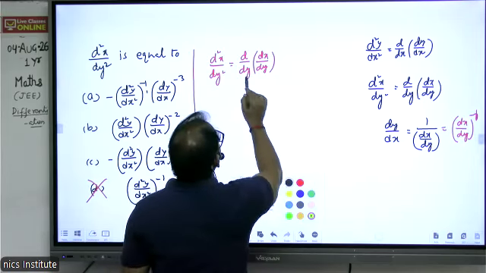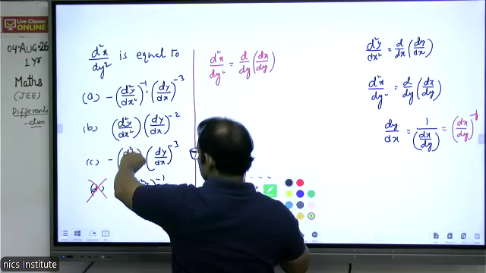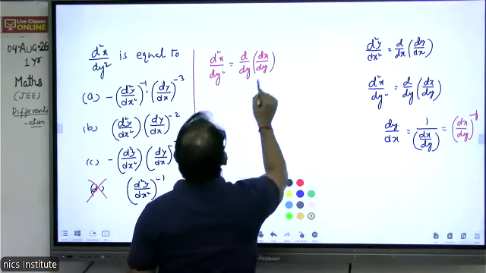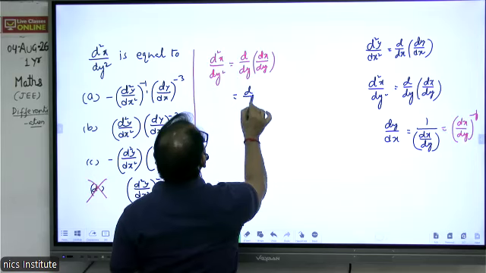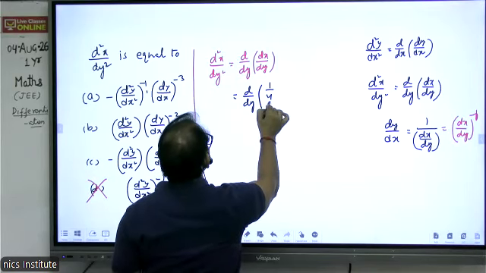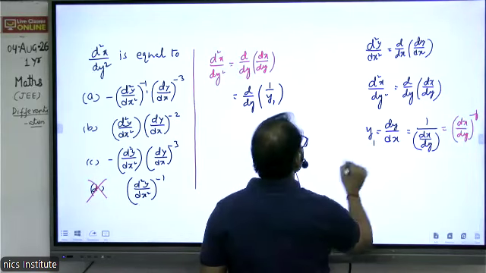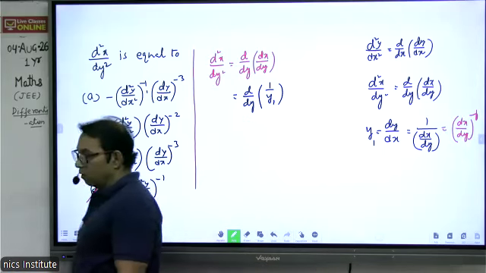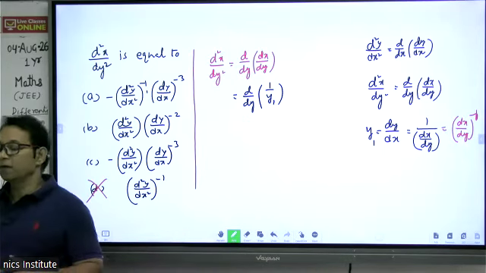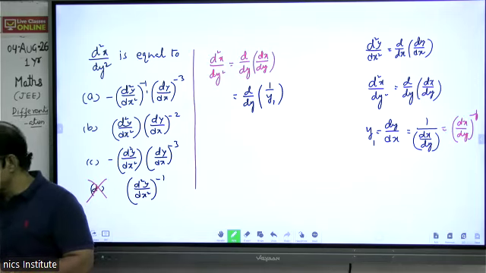See, I want answers in one of these, and this is with respect to x. So what we can do is, this I can write as 1 by y1. Y1 is basically the first derivative of y with respect to x. Y1 or y dash is dy by dx.